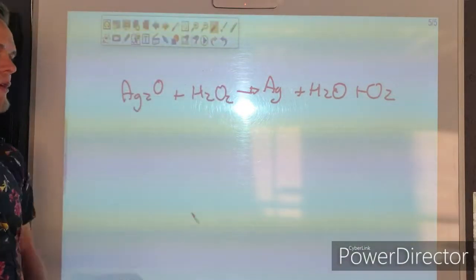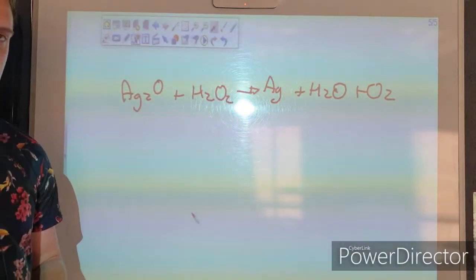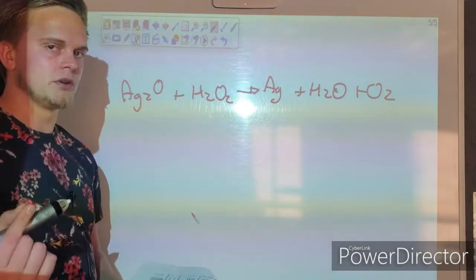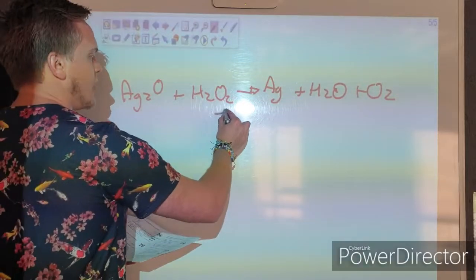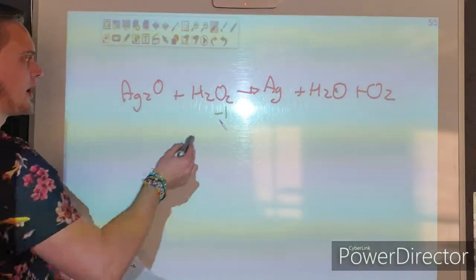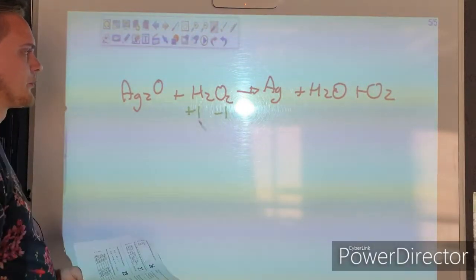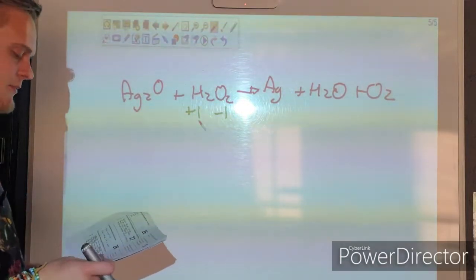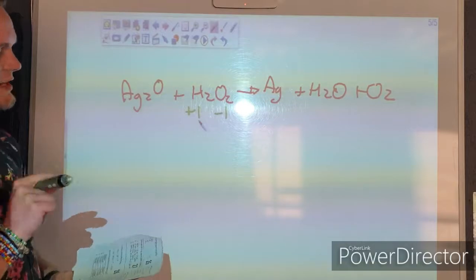Now this is your exception to the rule on oxidation numbers. Normally oxygen is -2 in a compound, but in this case oxygen is -1 and hydrogen is +1. So that's your exception to the rule.